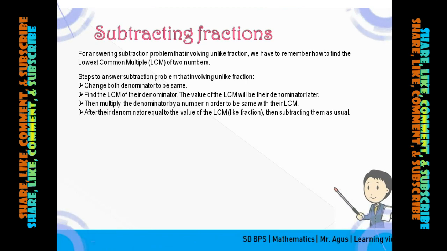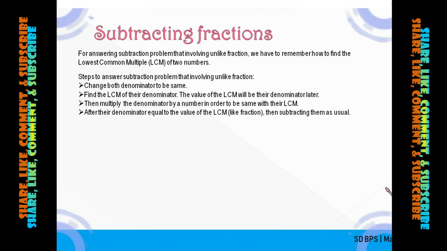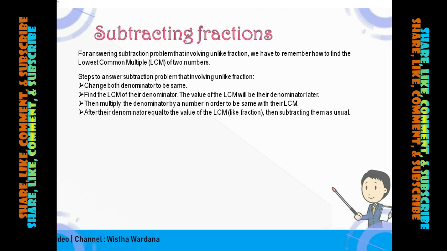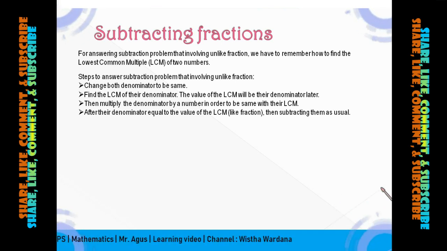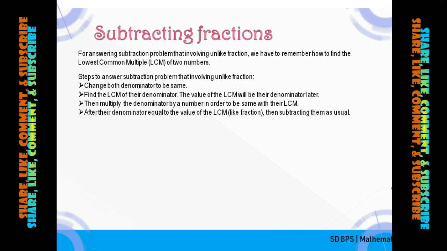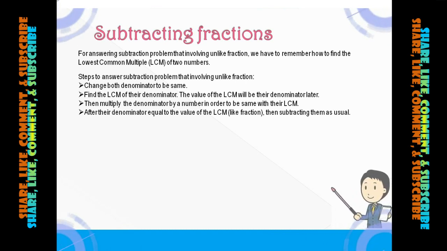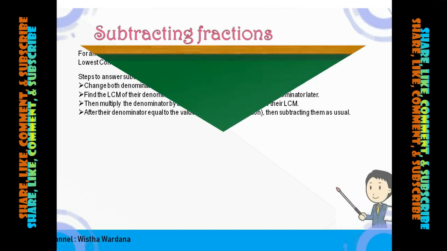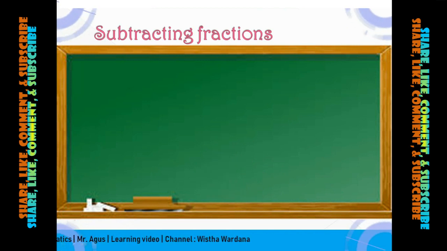You have to find their LCM first and then try to change the denominator of them become their LCM, and then after you got like fraction, subtracting them as usual. Let's continue to the example.